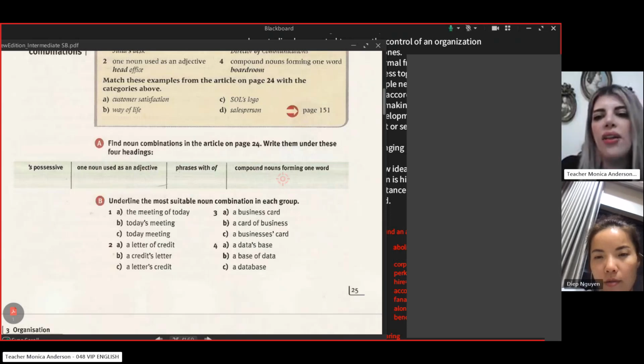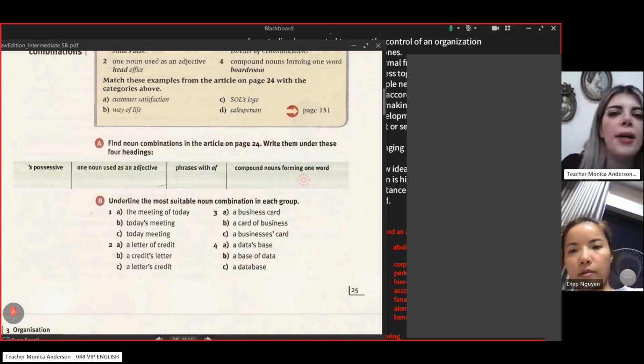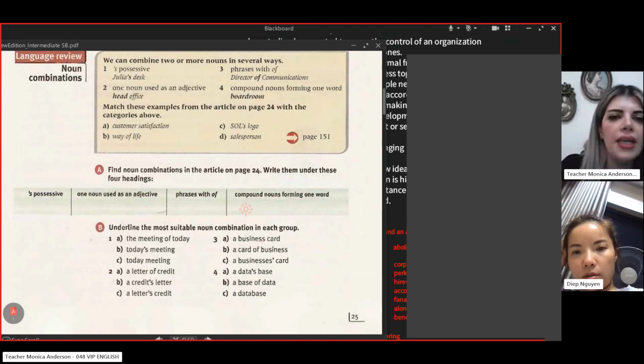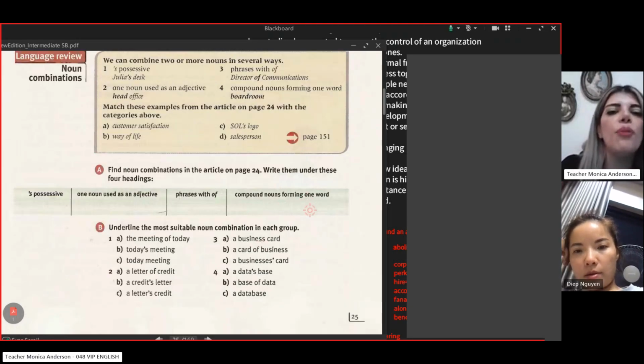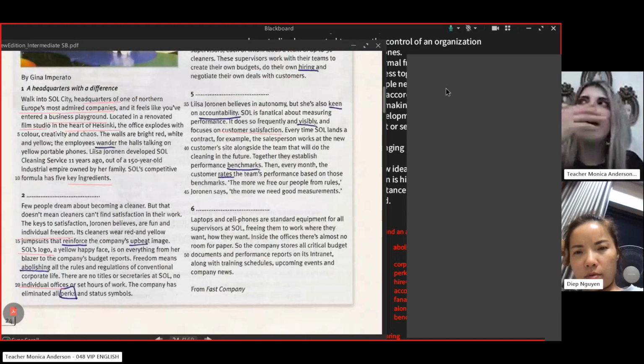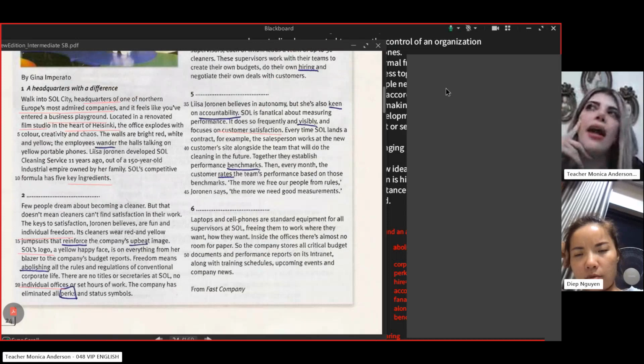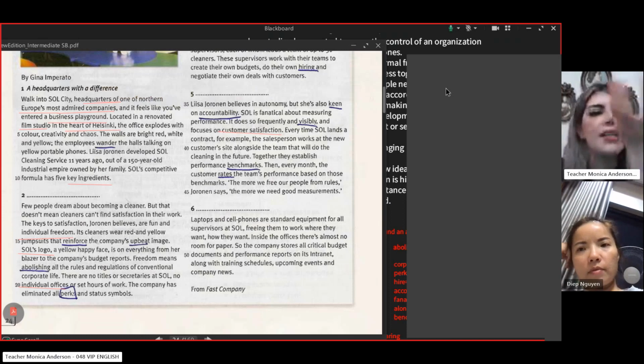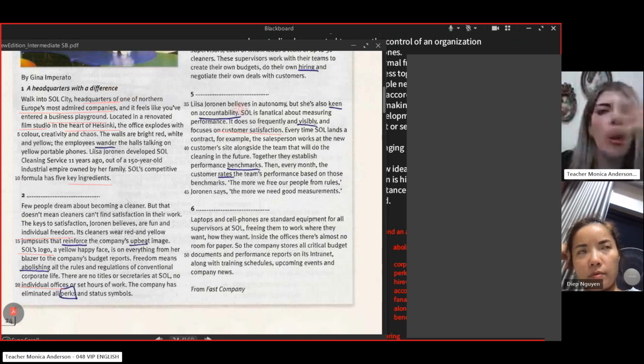And we have the other one, compound nouns forming one word. What does it mean? As you remember, I said the word milkshake. It is a combination of two words, milk and shake, that all the time we use as one noun, milkshake.